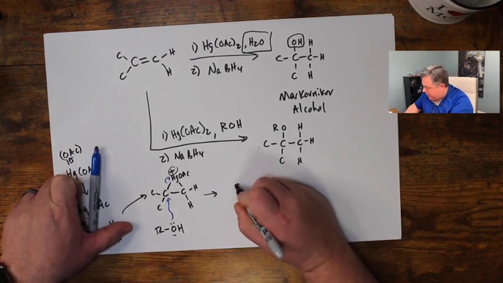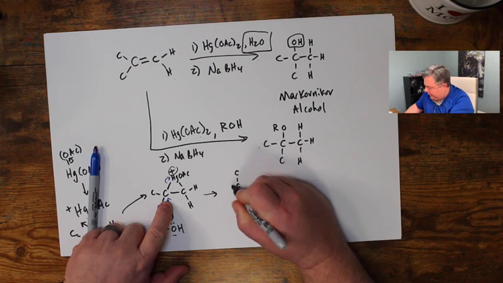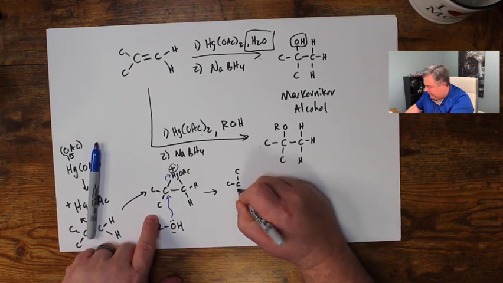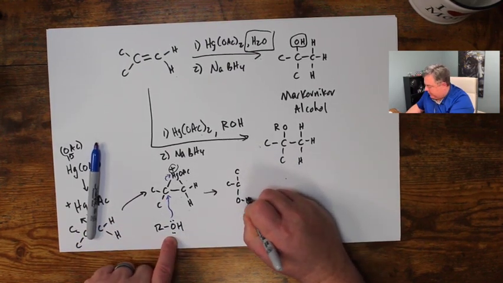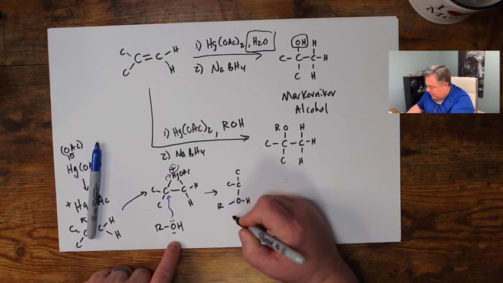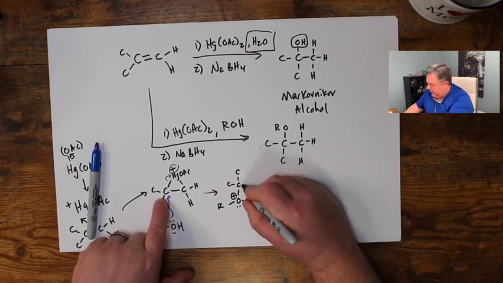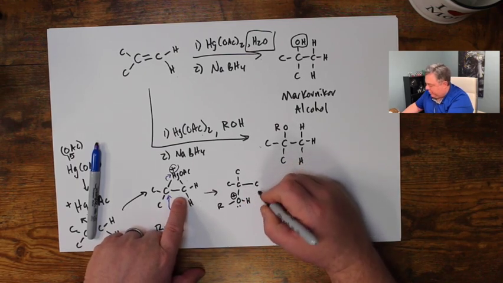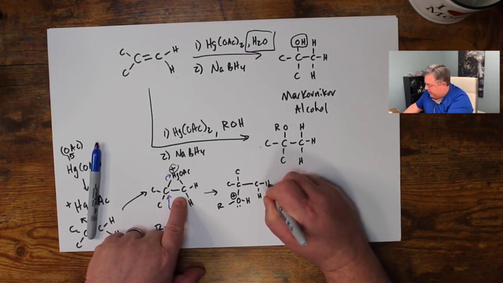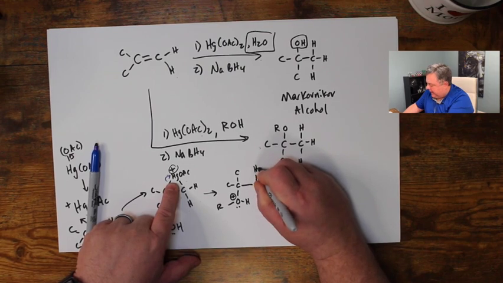That makes a carbon on the left with 2 carbons on it. It has this alcohol on it with now just 1 lone pair and a positive oxygen. This carbon's bonded to this carbon with 2 hydrogens on it. And my mercury acetate up here.